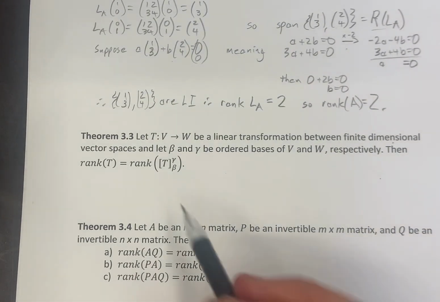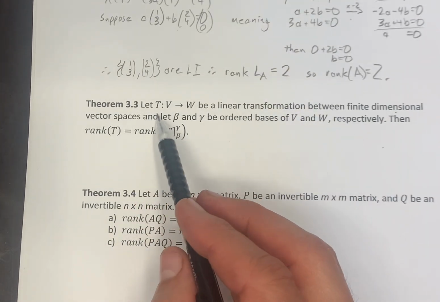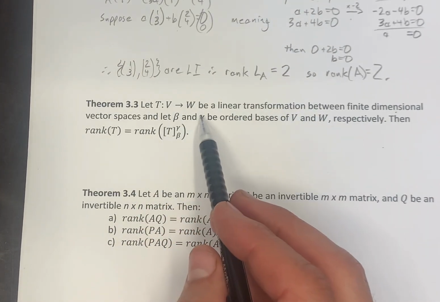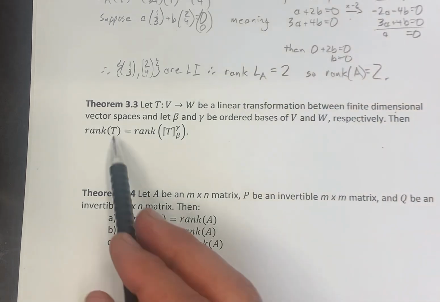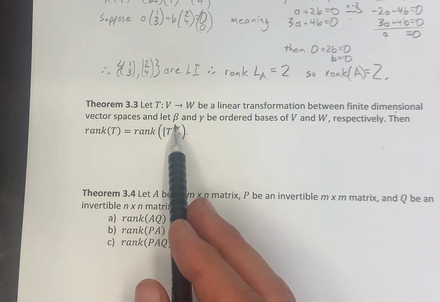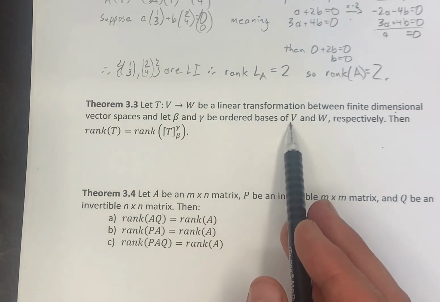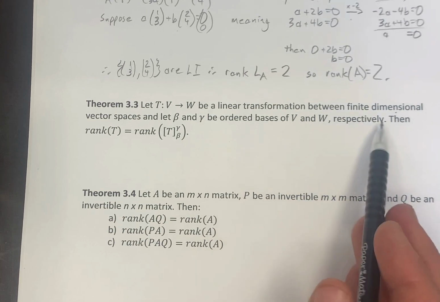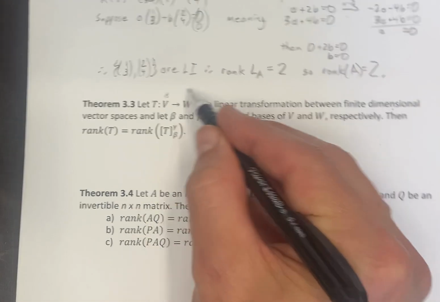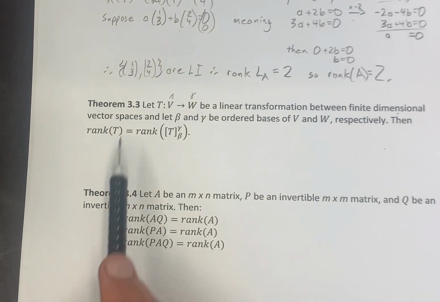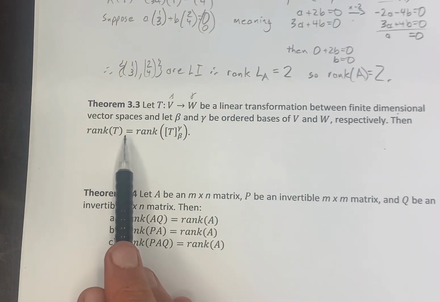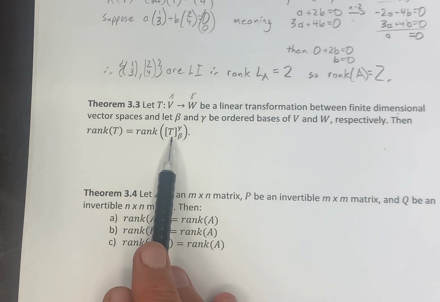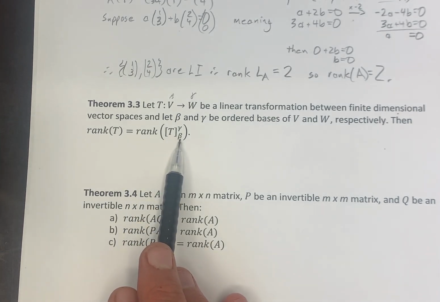So let's look at this theorem. Let T from V to W be a linear transformation between finite dimensional vector spaces, and let beta and gamma be ordered bases of V and W respectively. So beta's in here, gamma's in there. The rank of T equals the rank of the matrix representation of T going from beta to gamma.